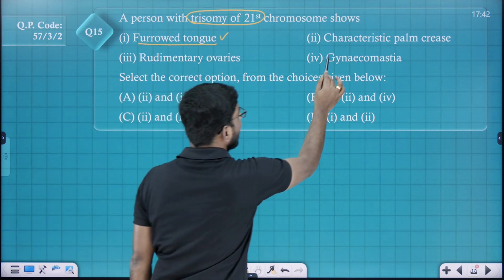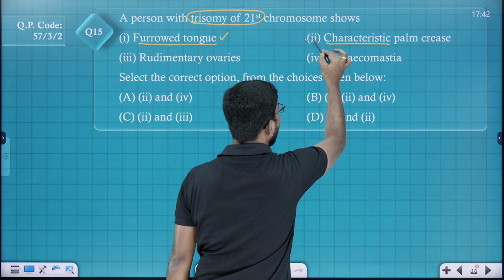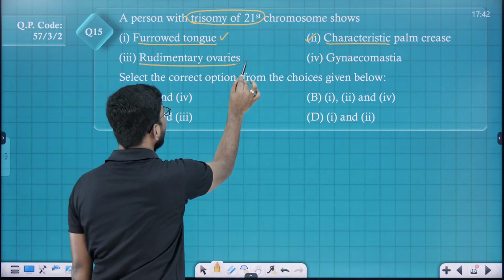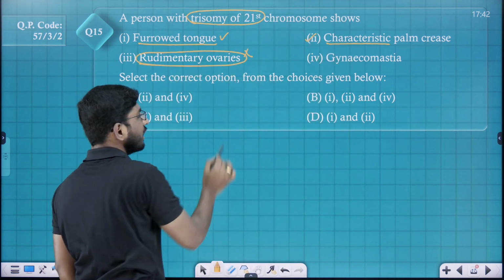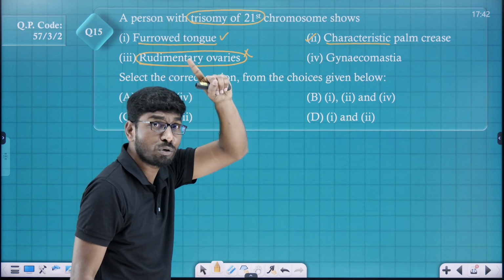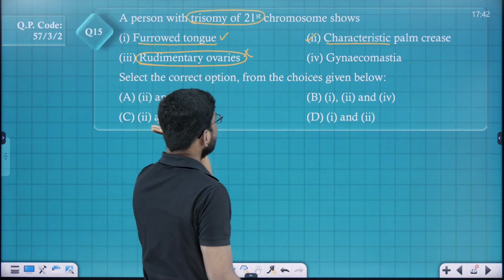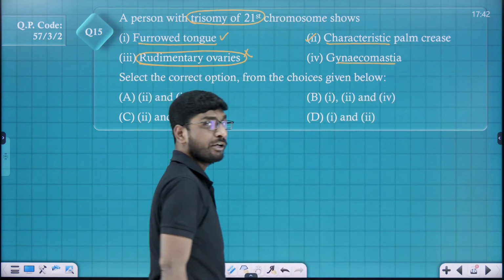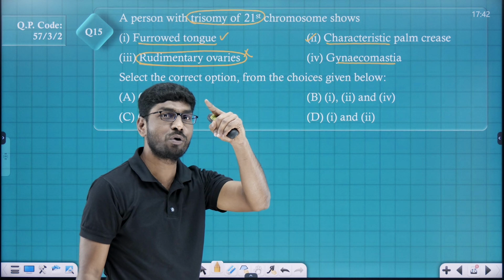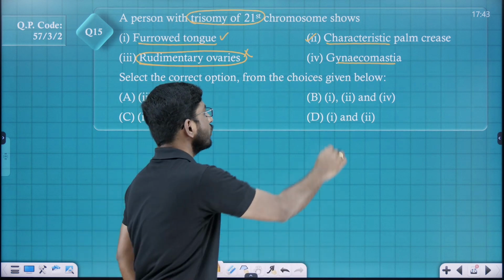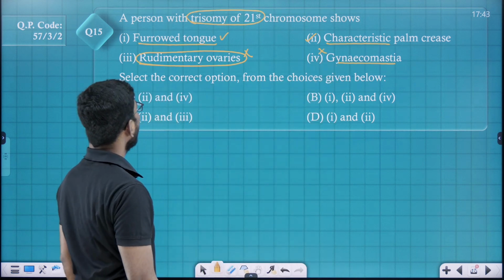Yes, correct. Characteristic palms, right, correct. Rudimentary ovary, no. Rudimentary ovary is Turner syndrome, monosomy, X0. But this is a trisomy. This is wrong. The third one is wrong. Gynecomastia is in Klinefelter syndrome, XXY. So this is also not correct. So the right answer is 1 and 2.